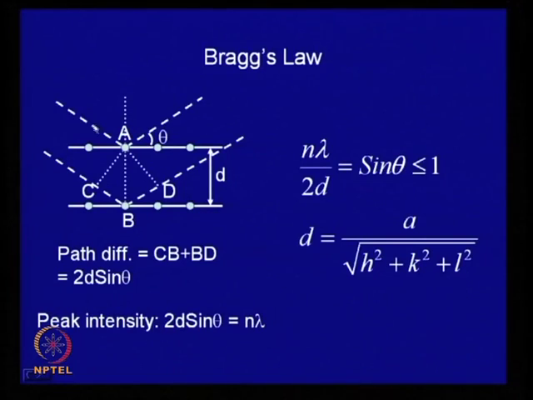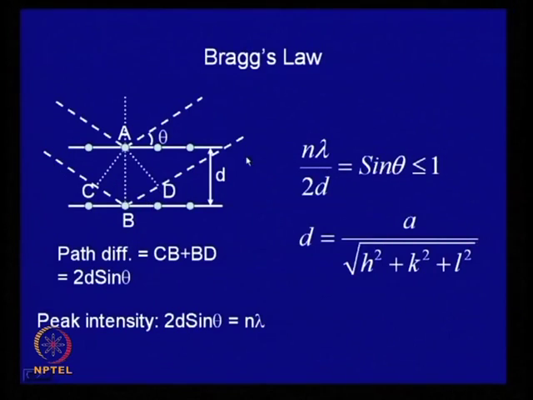Now, if this beam is incident at an angle theta, this is the incident angle, the angle of reflection is also equal to theta, this is the reflected beam. Another beam penetrates the metal and gets reflected from the next plane, and this is the reflected beam, and these two paths cover different distances.